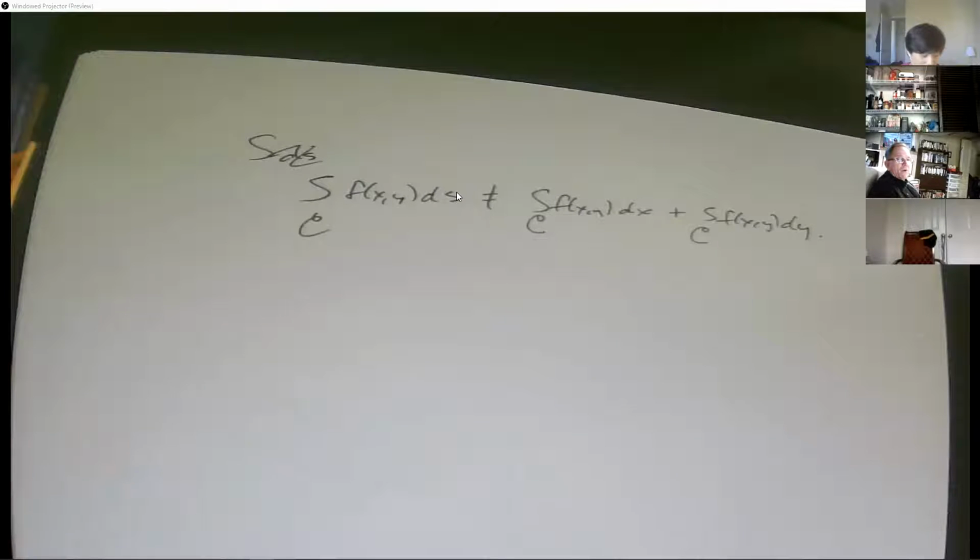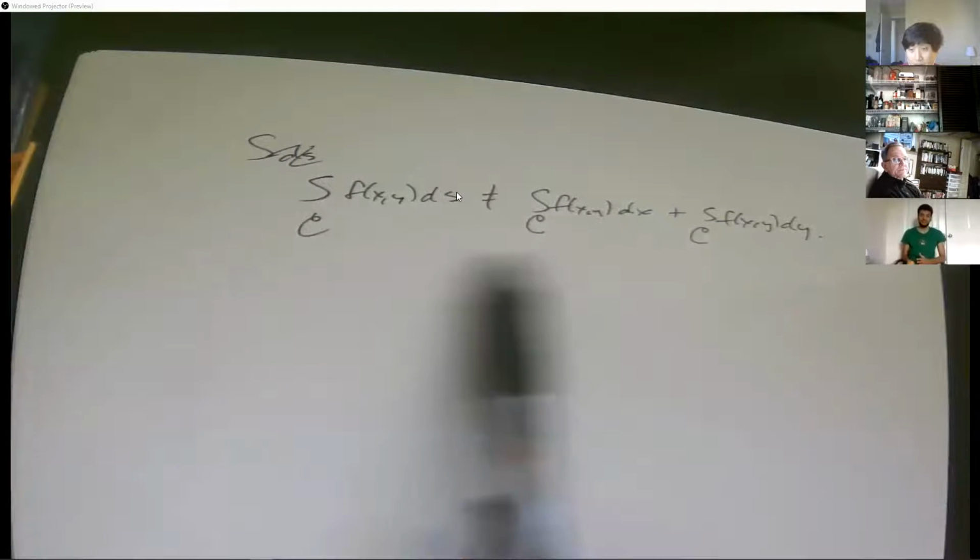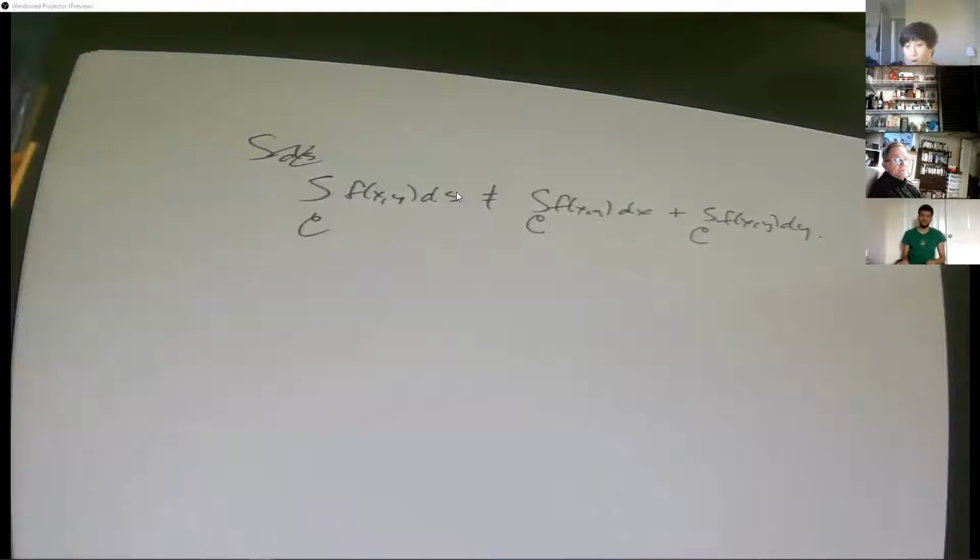We got lucky because we got some cosines and sines and they multiply and they got 0. Okay? So be very, very wary of this. This is not an equality all the time. In some cases it is. And I think in this case it was because it's a nice function.